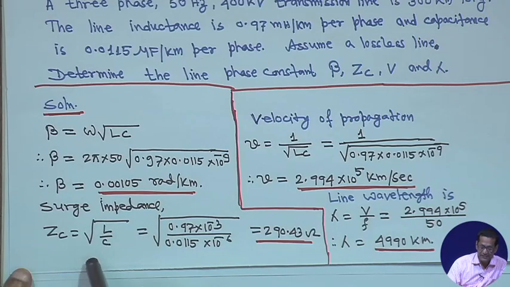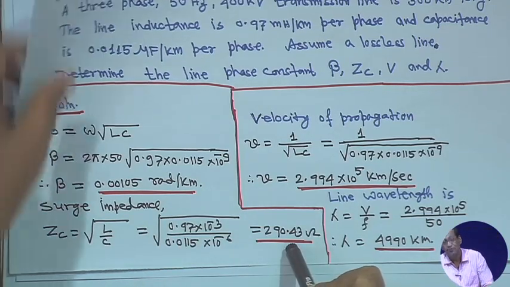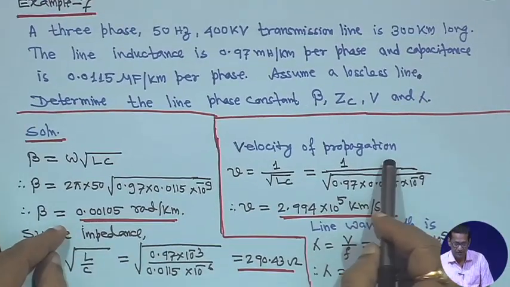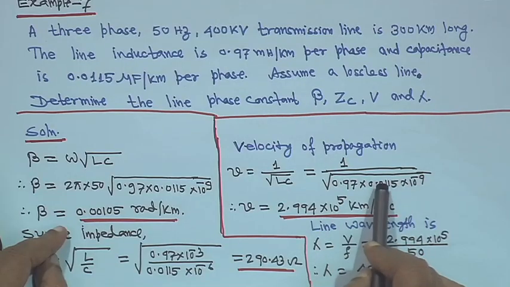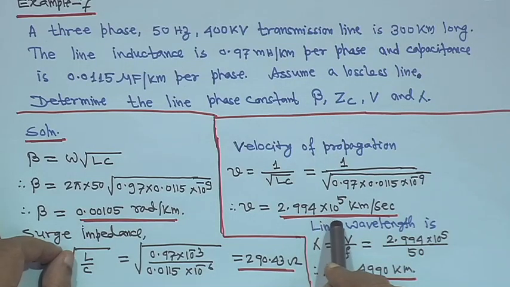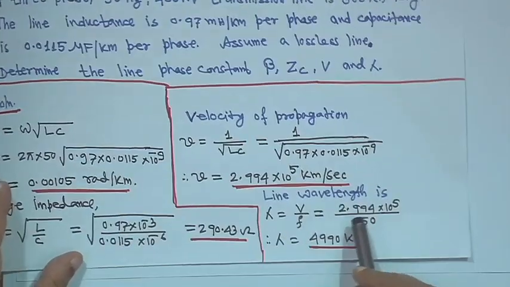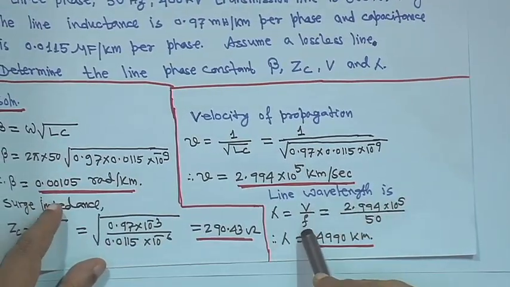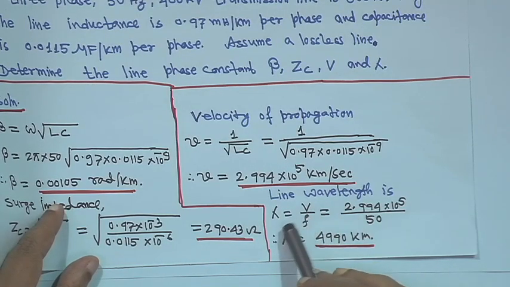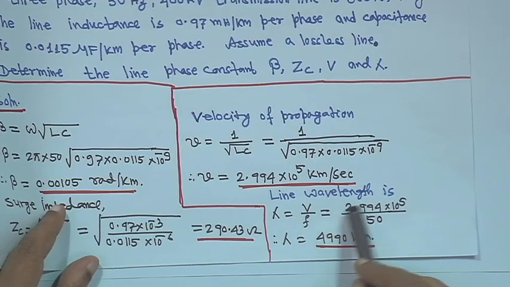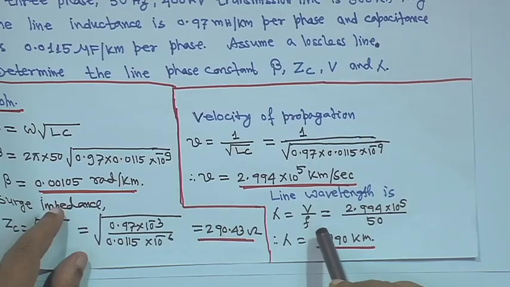And then surge impedance is Z_c equal to root over L by C. L is given, C is given, so it is 290.43 ohm. Velocity of propagation V is equal to 1 upon root over LC. L is known, C is known, you substitute and you will get 2.994 into 10 to the 5 kilometer per second. And line wavelength lambda is equal to V upon F, that is basically 1 upon F root over LC.